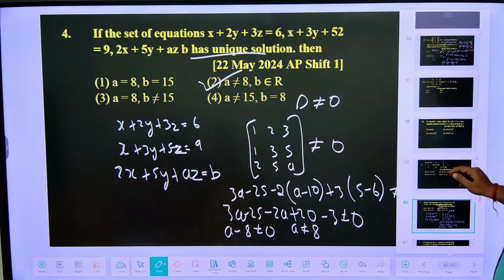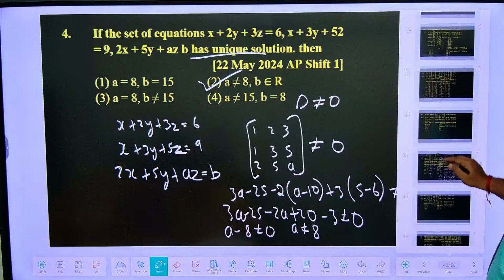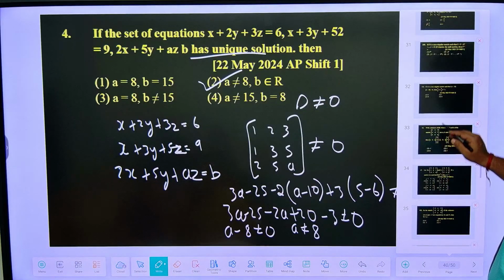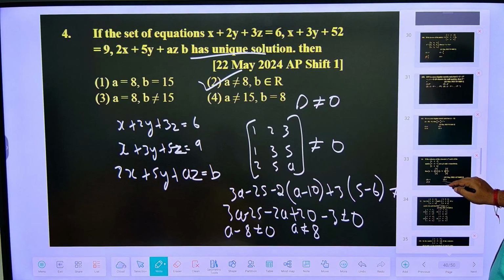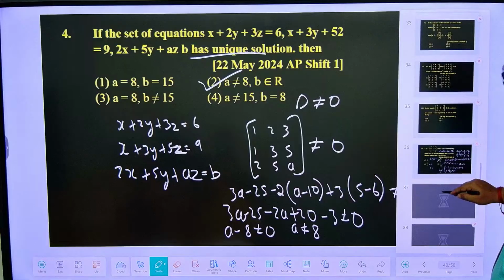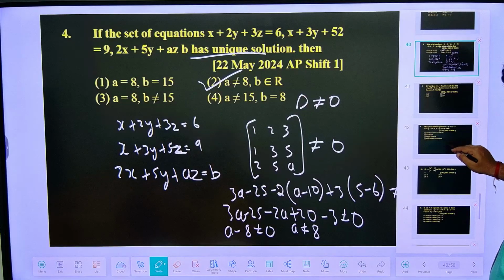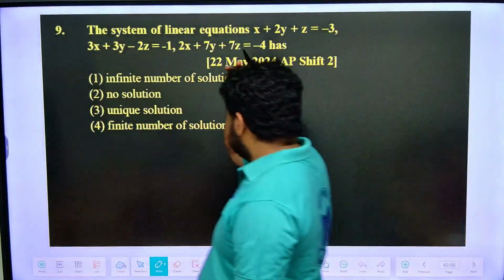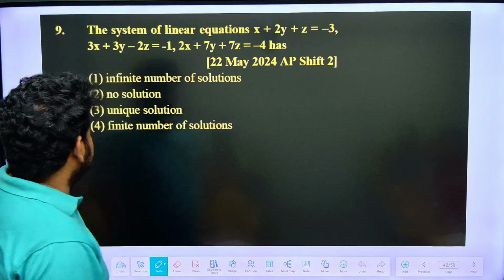Now look at this question. The system of linear equations given has an infinite number of solutions, or a finite number of solutions.